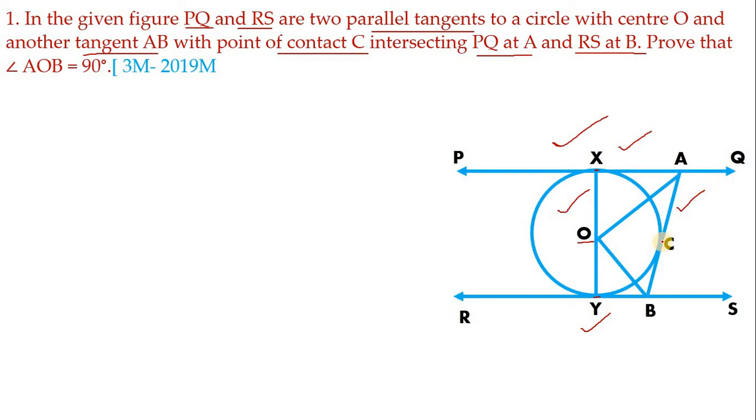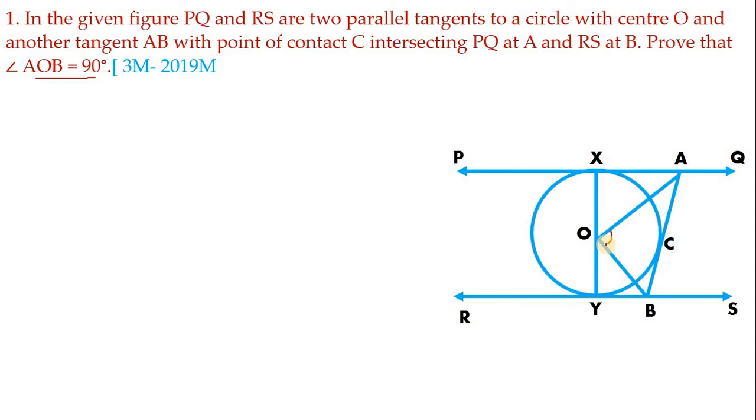This AB intersects the circle at point C, and this C they call the point of contact, and the tangent AB intersects the PQ line at point A and the RS line at point B. These are the given things in the problem. Now we have to prove that angle AOB equals 90 degrees. I mean this angle equals 90 degrees.